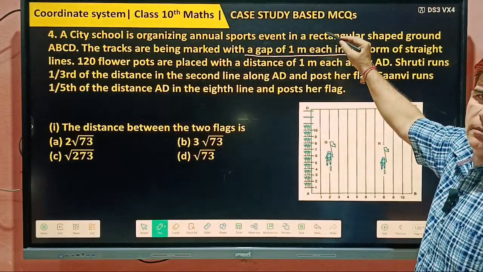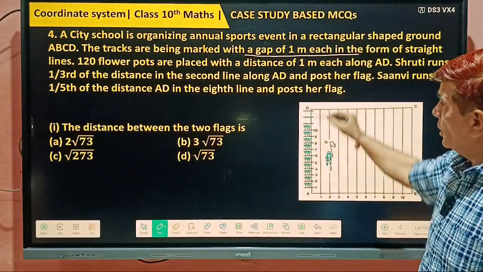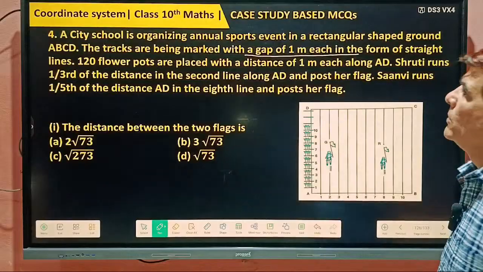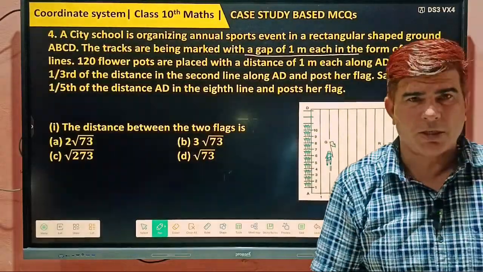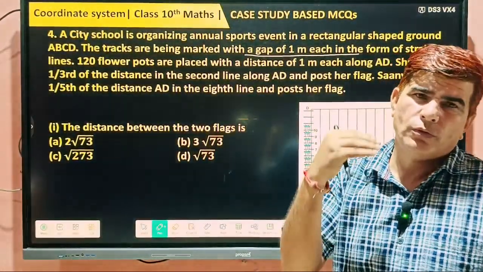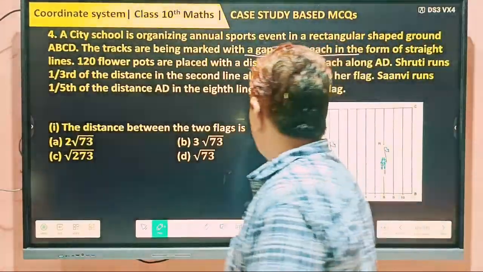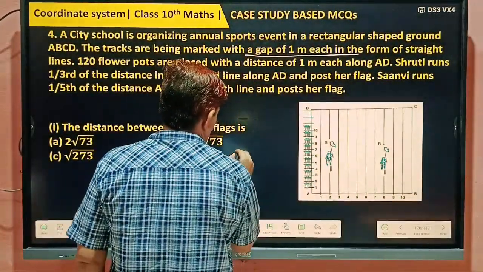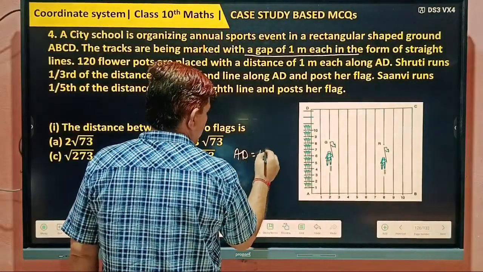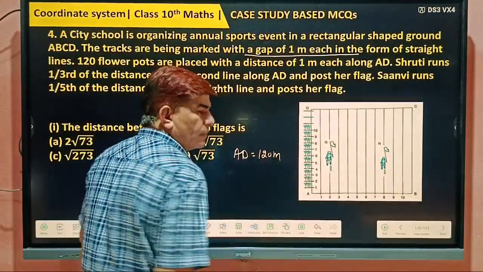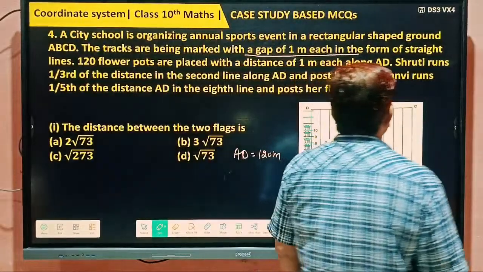AD is this. So 1, 2, in this way 120 flower pots are placed at a distance of 1 unit. What's its meaning? Its meaning is this: AD equal to 120 meters. This is the way of understanding.